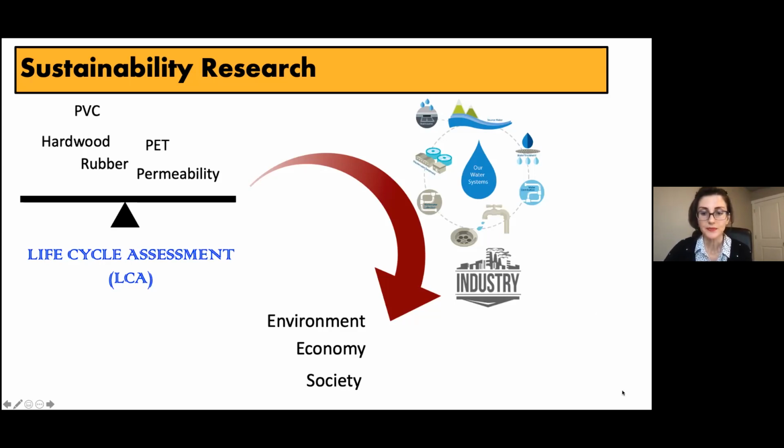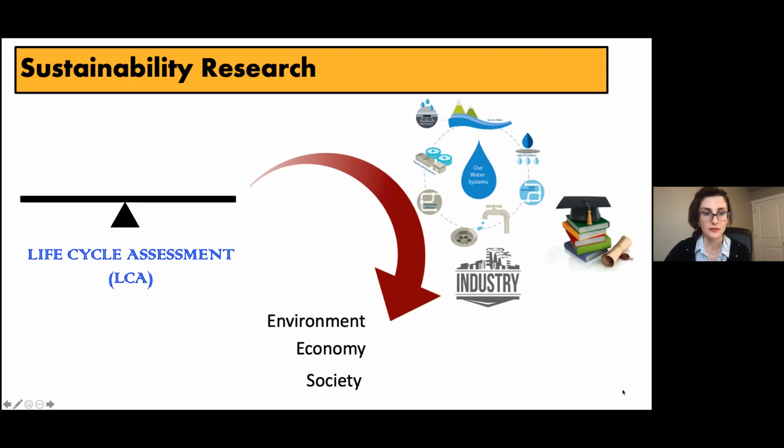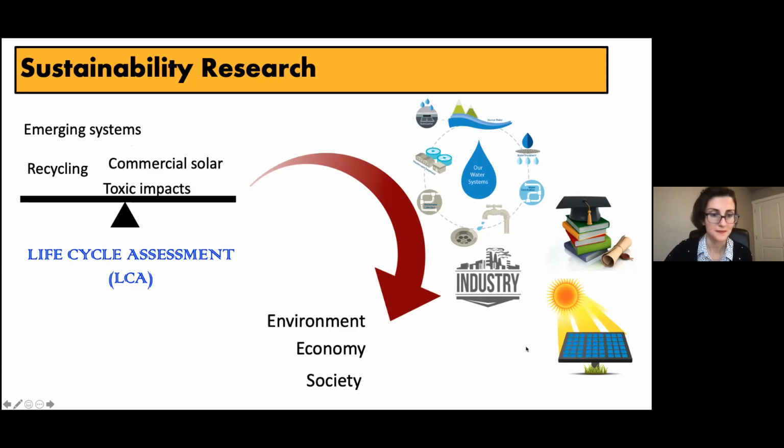More specifically, I also applied the tool in production of energy-related work, starting from photovoltaic research to biofuel generation systems. And in photovoltaics, my research focused on the production, design, and recycling of emerging and commercial PV materials and minimizing their toxic impact. So this is the general scope of my research on sustainability.